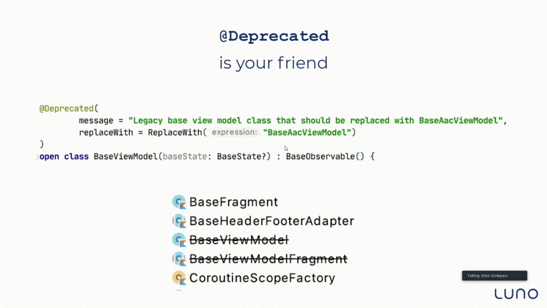This way, the IDE will show the classes that are deprecated, and this is especially useful for remote teams that are not co-located. As you can see in this little screenshot from the IDE, the deprecated classes will get a strikethrough. So even though a developer in another team doesn't know that this class might be deprecated, when they see this, they know they should not be using this class anymore.